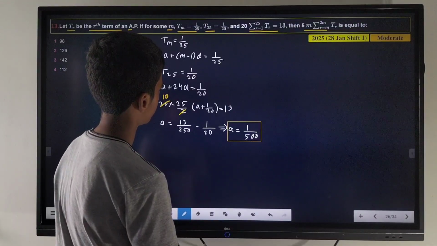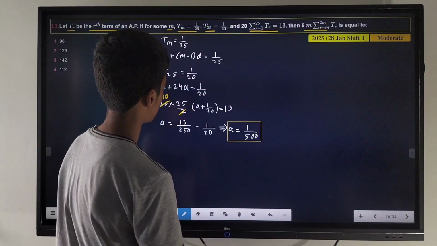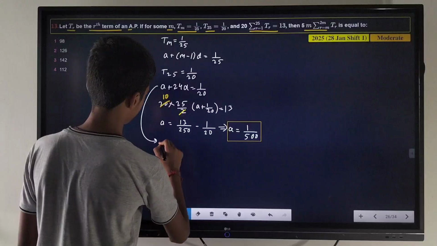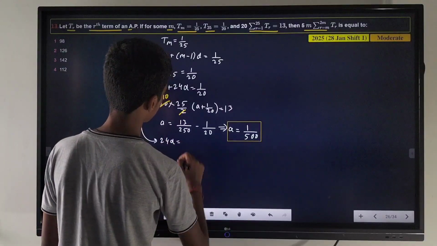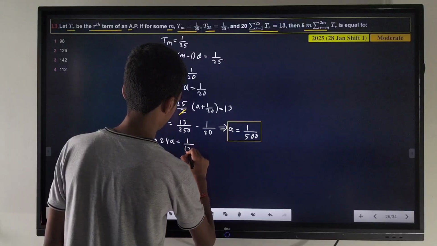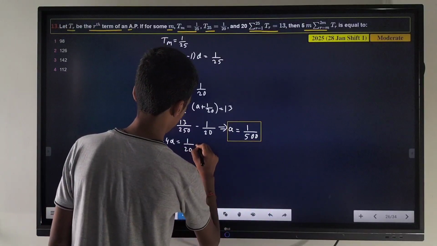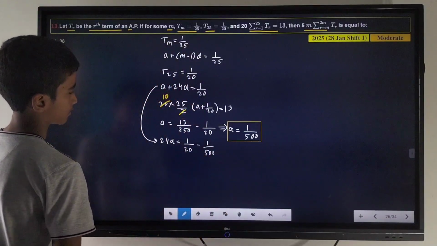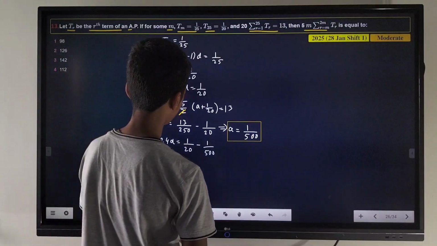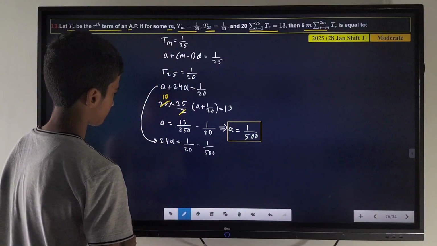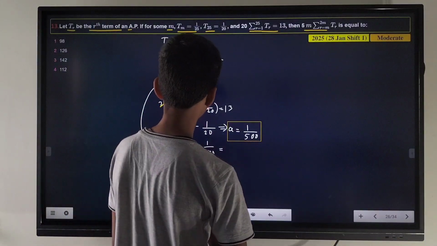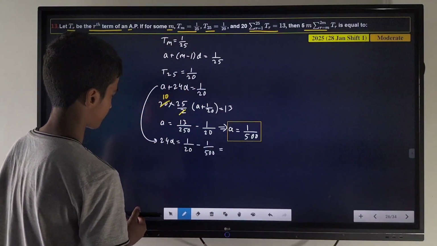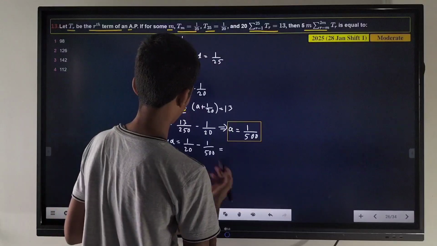So we will use this relation to find the value of D. 24B is equal to 1 upon 20 minus 1 upon 500, which is 24 upon 500.